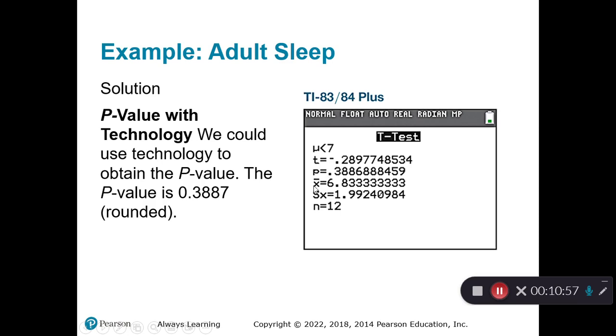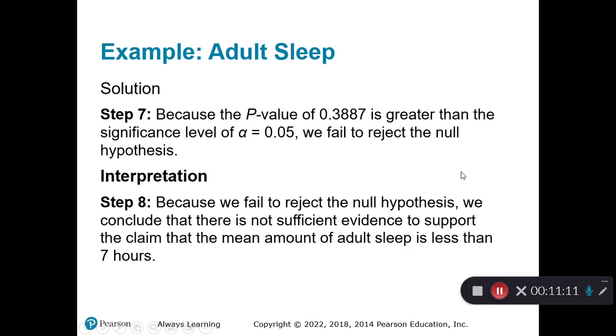But on the calculator, the lowercase letter p refers to p-value. So the p-value is approximately 0.3887, which is quite large. We were kind of hoping it would be less than 0.05. But because it is large, then we fail to reject the null hypothesis.